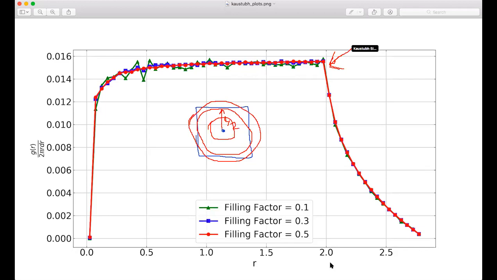Because what's happening is that if there were particles over here, can you see them, the dots? These particles were calculated at some radius less than L/2.